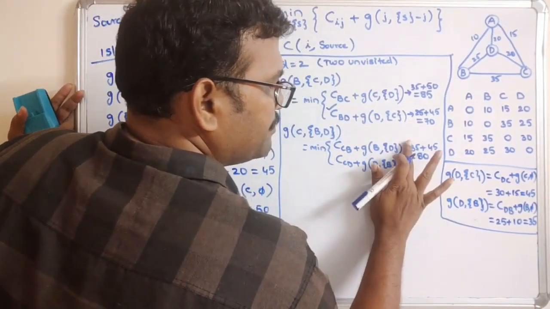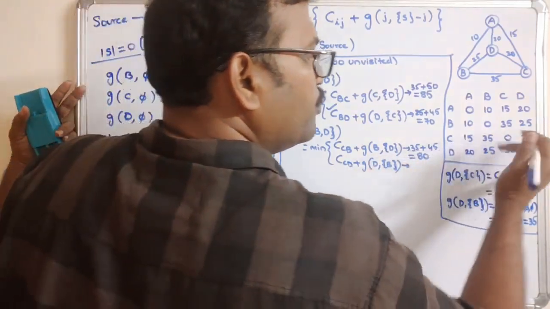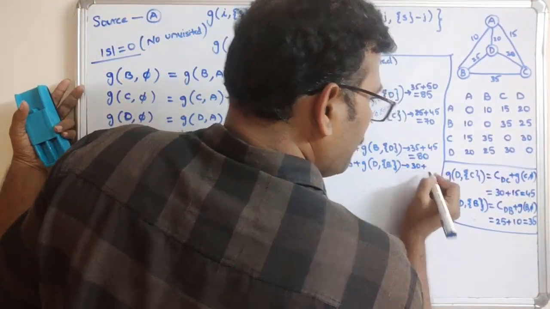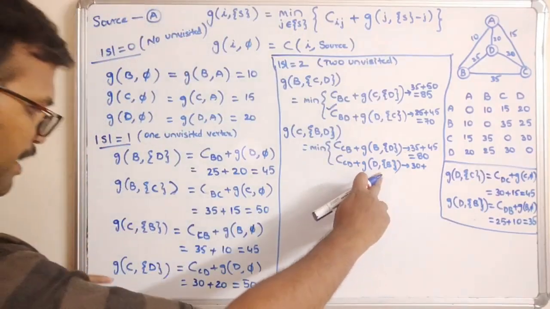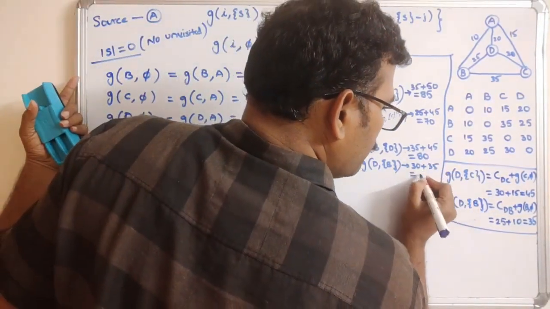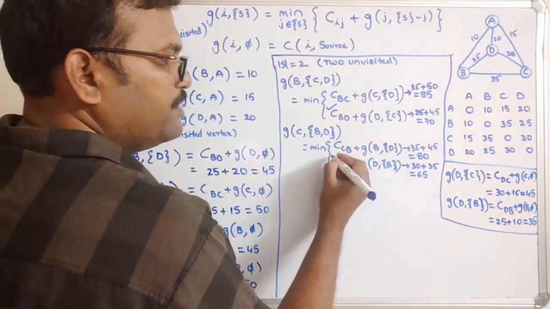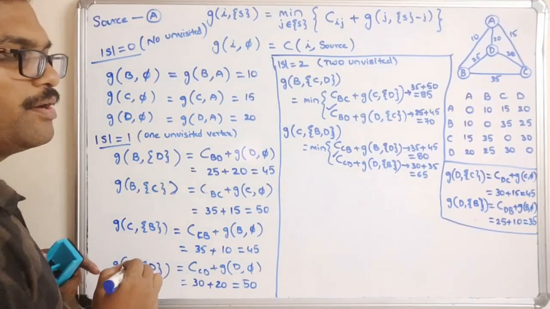And this one, CD, C to D 30 plus DB, here we have written DB 35, so which is equal to 65. So among these two, which is minimum? 65 is the minimum. So this we have to consider.